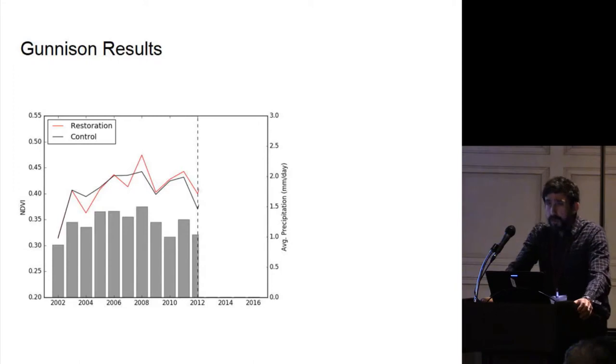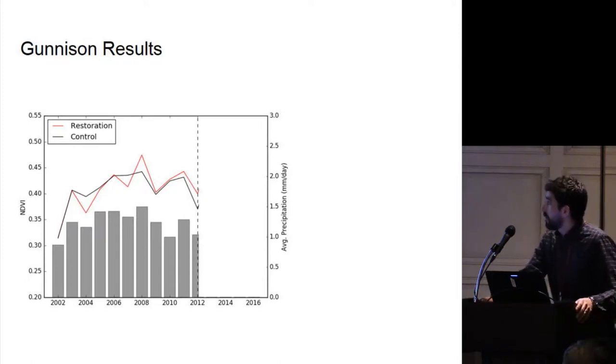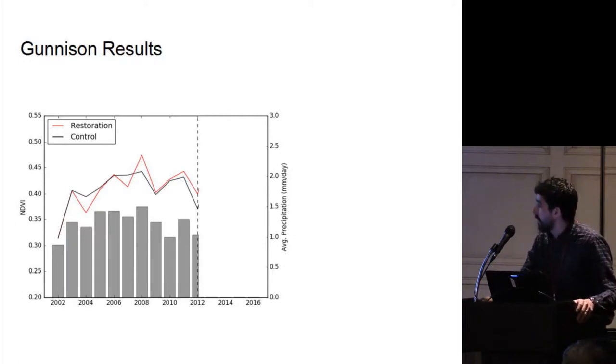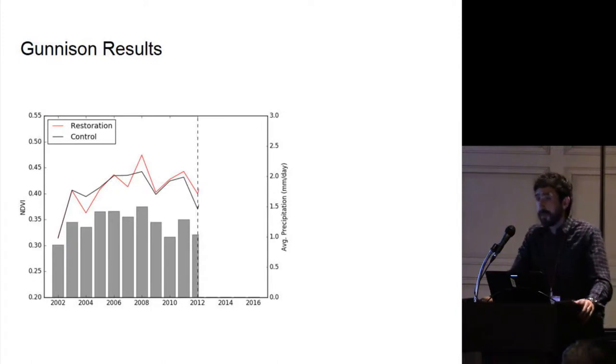So looking at NDVI, or plant productivity, you can see the red line here being the restored sites and the black line being the controlled sites. That pre-restoration, which is that dashed line there in 2012, we saw good interannual variability. Those gray bars, that's the water year precipitation, so the NDVI fluctuating with precip as you'd expect, but pretty similar plant productivity there.